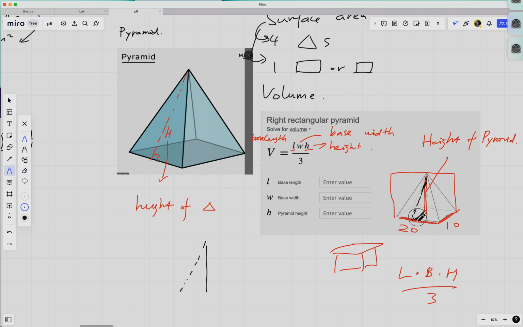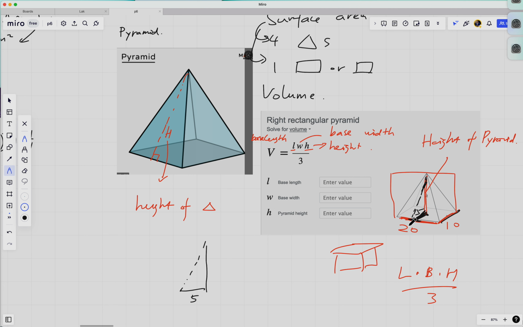What's the length of this side? Can you make a guess? From the side to the middle, this whole 10 is divided by 2, so it's 5.